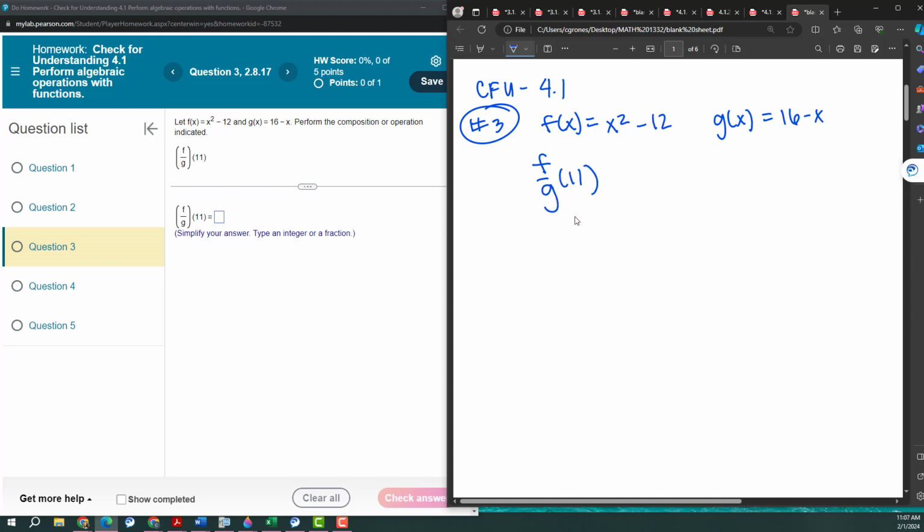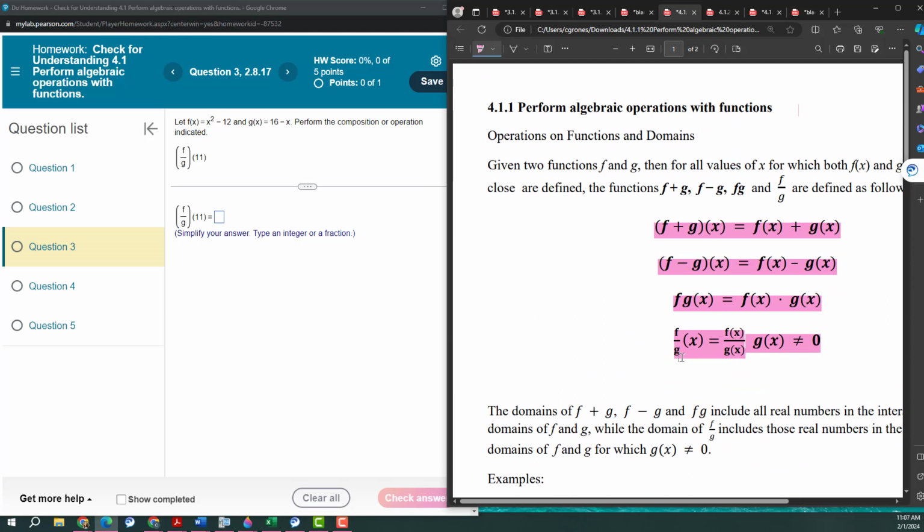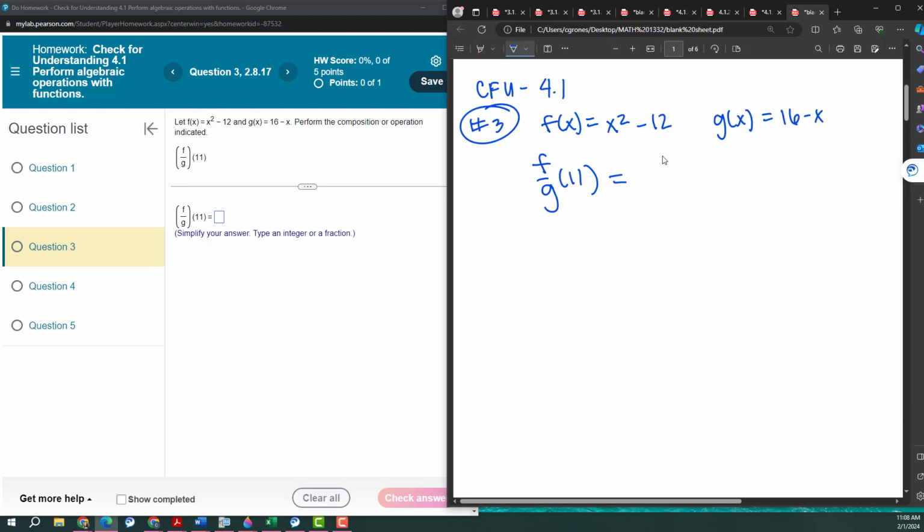So first, before I input our 11, remember what our rules tell us to do. It says that if we have f divided by g, we can put f of x over g of x. So I'm going to do f of x over g of x. So before I input our 11, I'm going to leave this as x. So that means we have x squared minus 12 divided by 16 minus x.